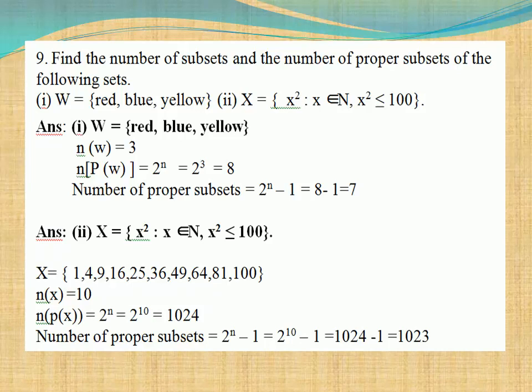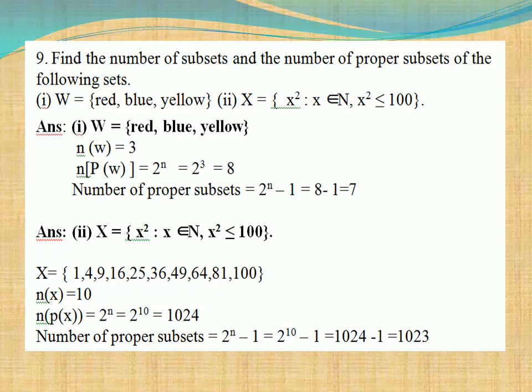Second subdivision: X is equal to x square such that x belongs to N, x square less than or equal to 100. In this, the elements of the set are the x square values. x belongs to the set of all natural numbers, and x square must be less than or equal to 100. So we substitute the values 1, 2, 3 and so on instead of x, and it must be less than or equal to 100.